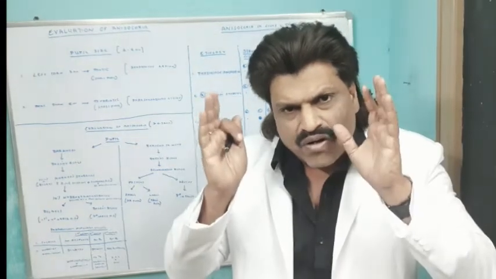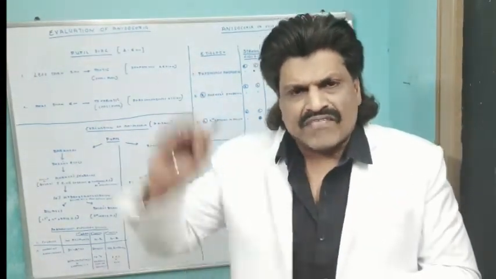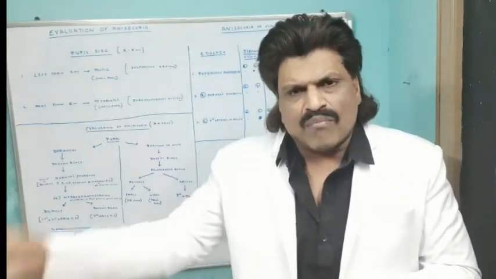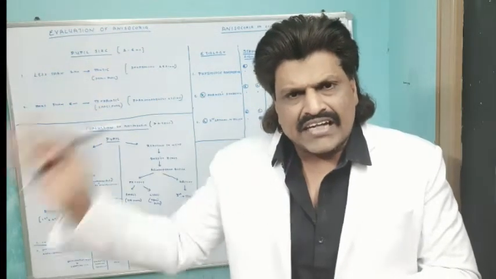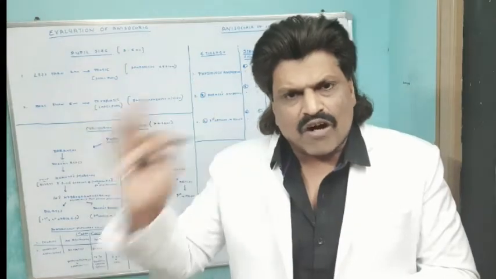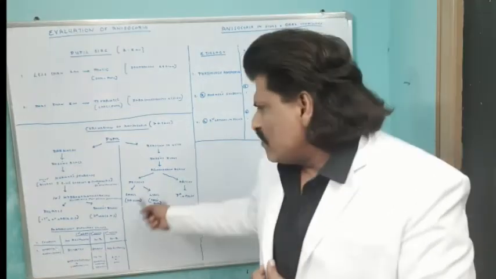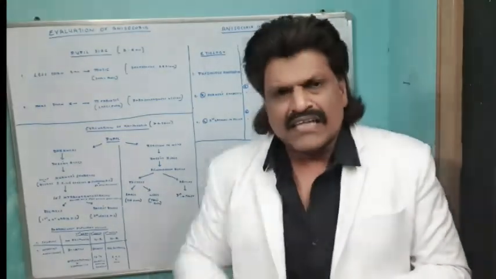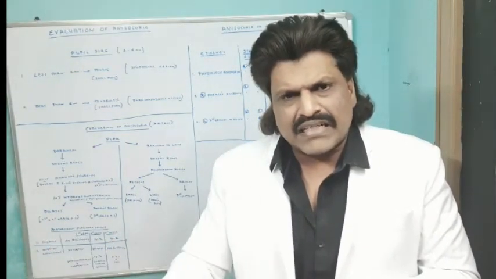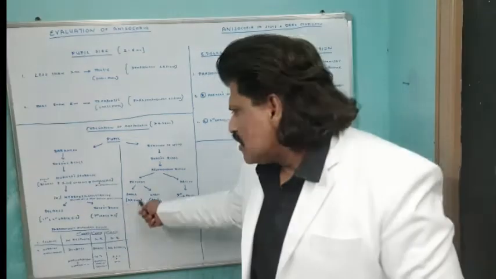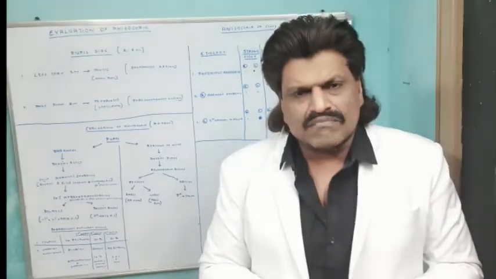then we check the accommodation reflex. If the light reflex is absent and the accommodation reflex is also absent, it is third nerve palsy. If the light reflex is absent but the accommodation reflex is present, then we check the pupillary size. If the pupil is small, it is Argyll-Robertson pupil.